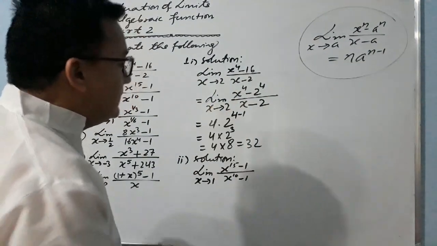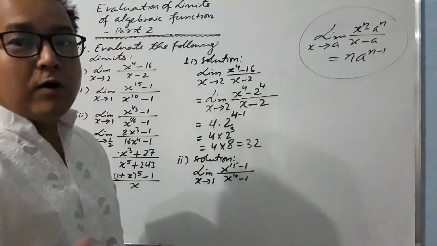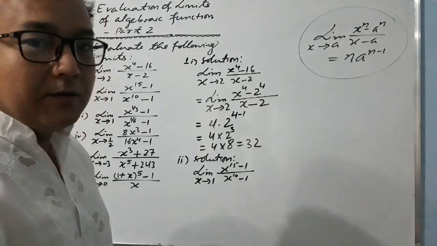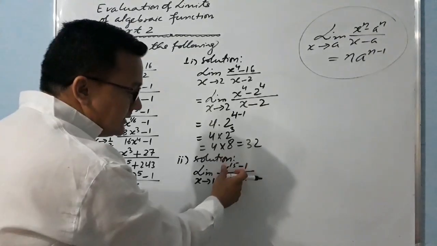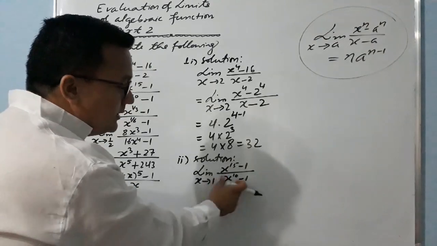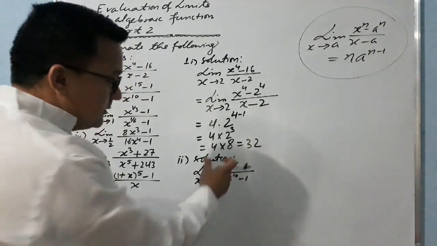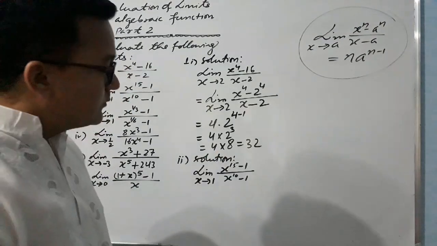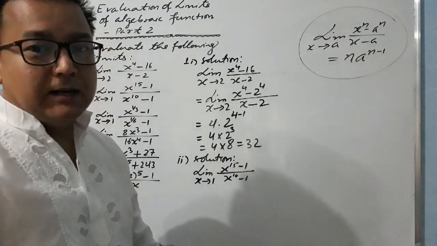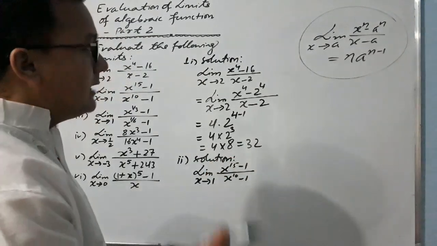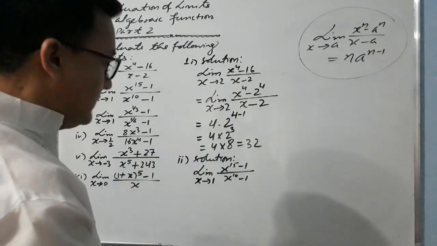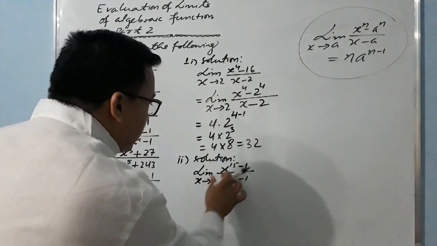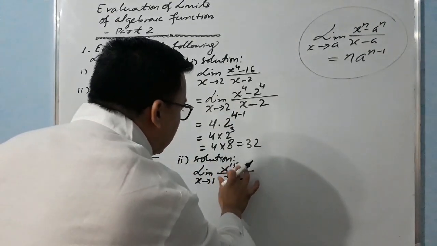According to that, we need x minus 1 in the denominator, and the numerator also should be divided by x minus 1, then we will get it in this form.